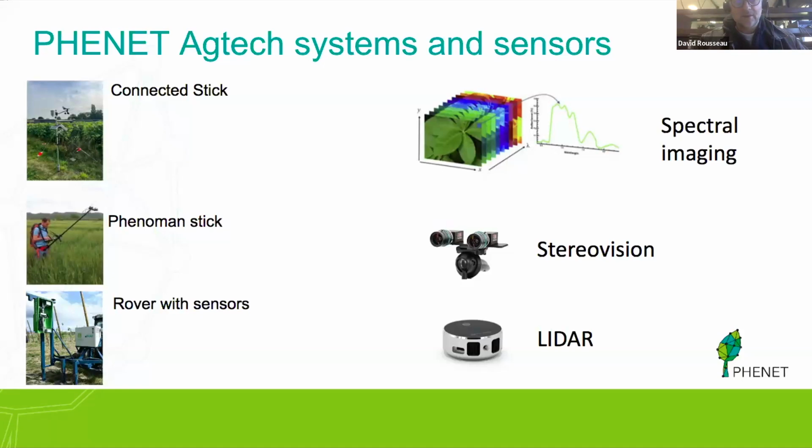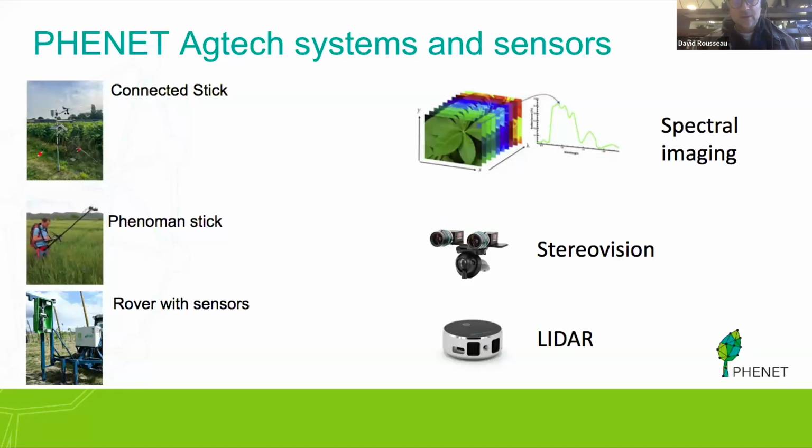So for the phenomenon stick, fewer sensors, but the possibility to have a measurement wherever we want in the trials. So specially adapted again for small lots, small parcels, micro plots in the field. This includes the stereo vision, which means that we have RGB color information plus 3D information to have a measurement of the height of the plants which are below the camera.